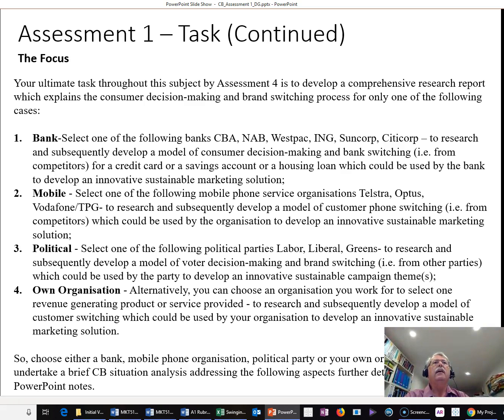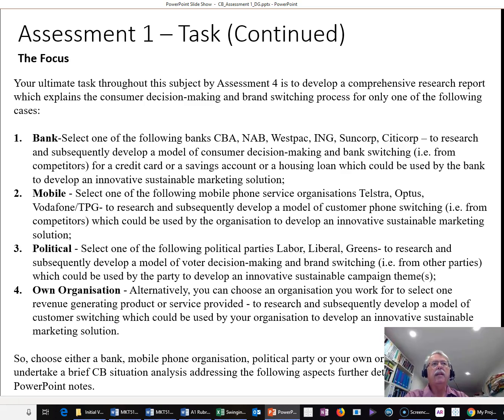The first one is looking at banking, and you can select one of the following banks, whether it's Commonwealth Bank, National Australia Bank, Westpac, ING, Suncorp or Citicorp. And what you're required to do is to develop a model of consumer decision-making and bank switching for a credit card or a savings account or a housing loan, which could be used by the bank to develop an innovative, sustainable marketing solution. So that's the first potential case you could select from.